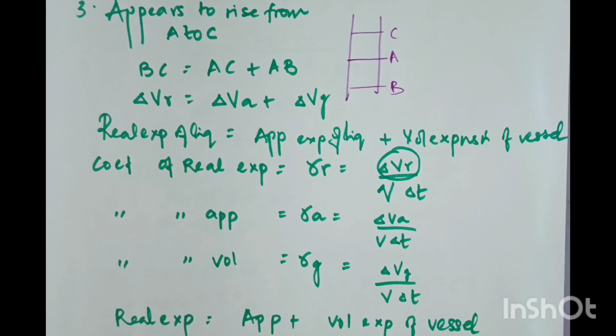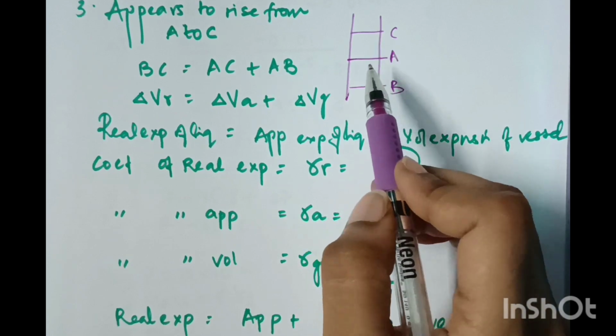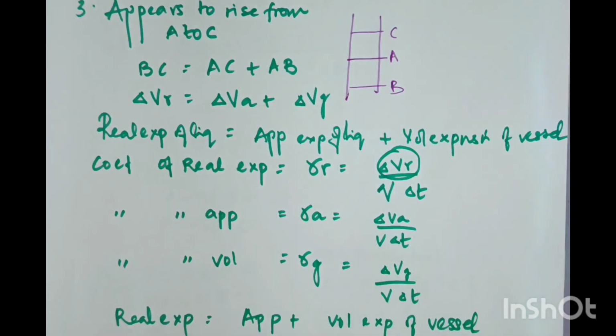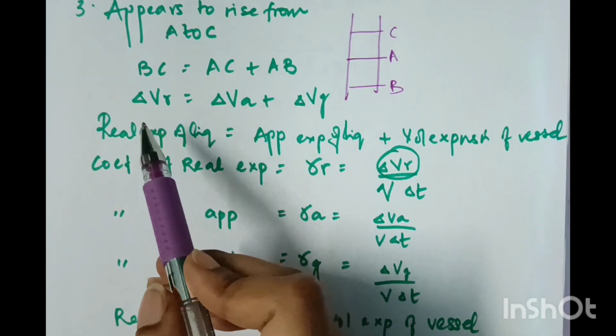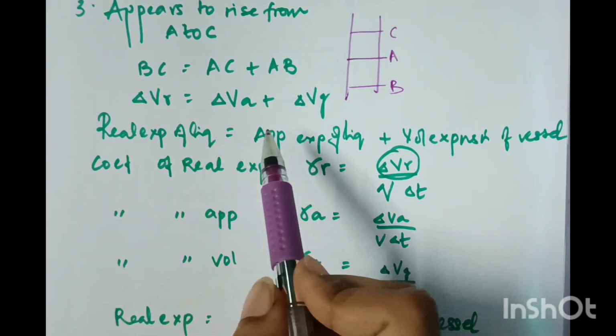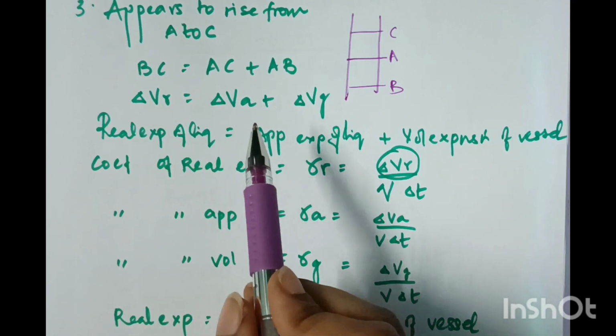So now let us see this. We can say BC equals AC plus AB. Yes, from this we can say that. And what is BC? B to C is actually the real expansion of liquid, so that is called V real, delta V real. What is AC?